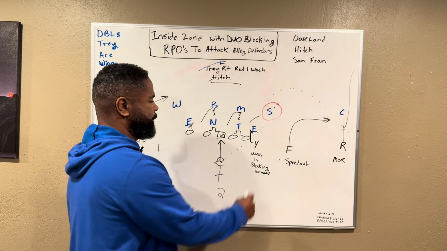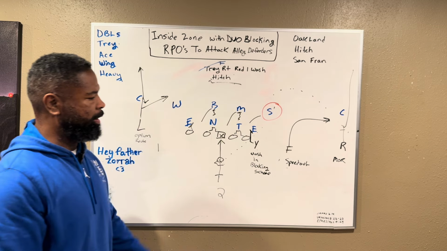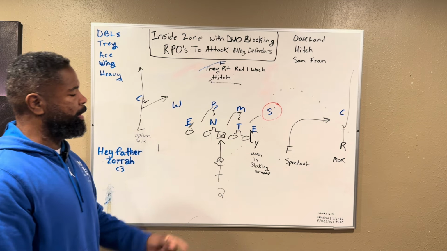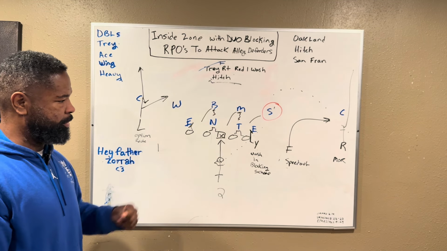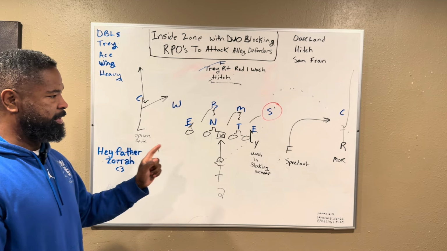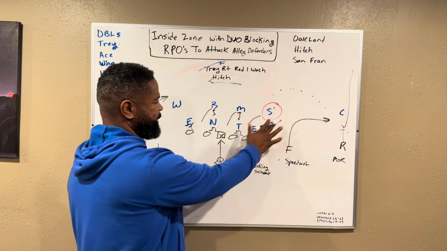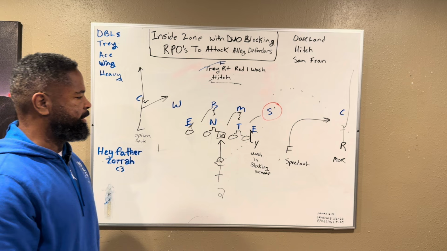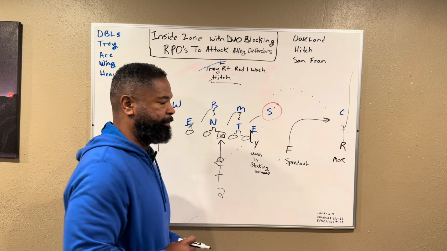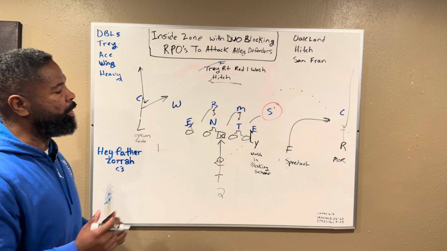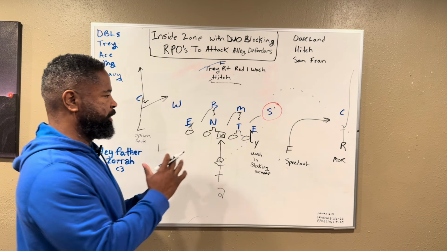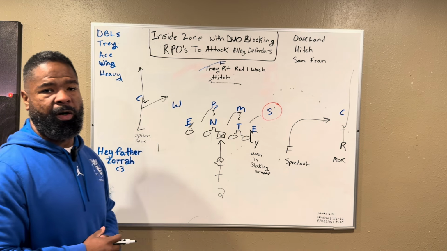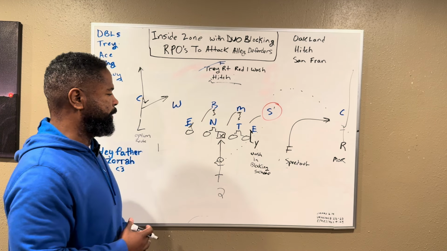If that defender is getting involved in the run fit, throw to where he should have been in his pass coverage. Speed out, hitch, slant, to the same spot, same read. It's the same space, same person that he's reading. And it's easy: if the space is open, throw it. If the space is closed or there's people in the space, hand the ball off. And we still get our +1 advantage.